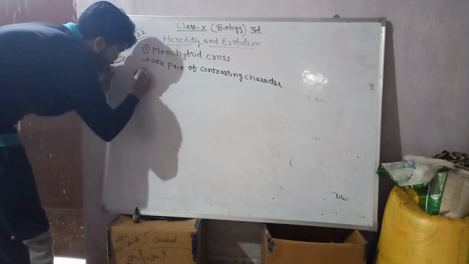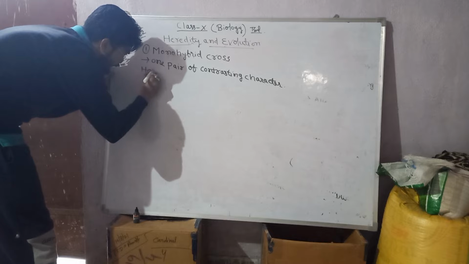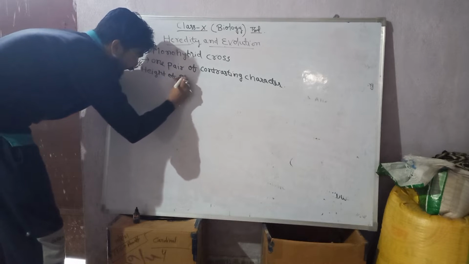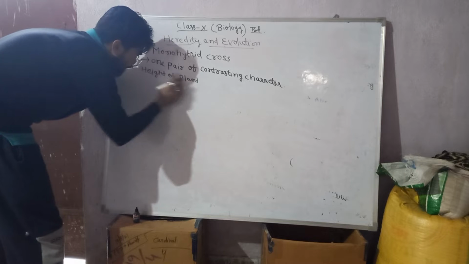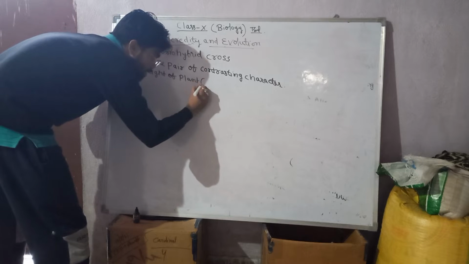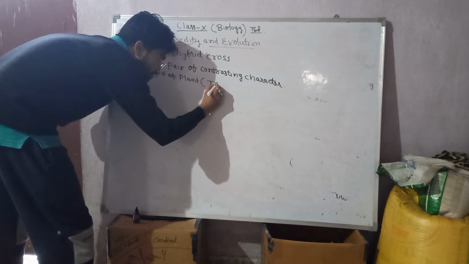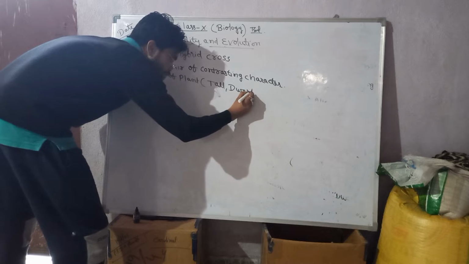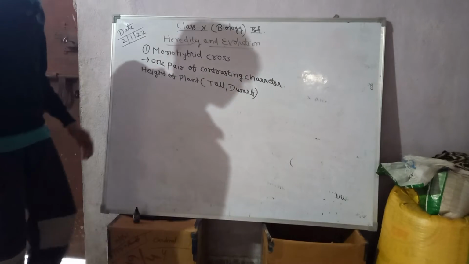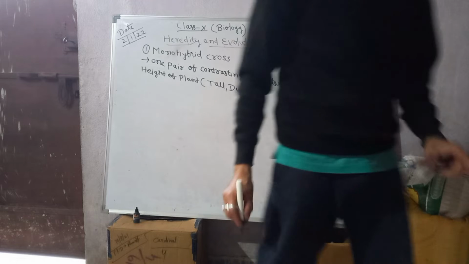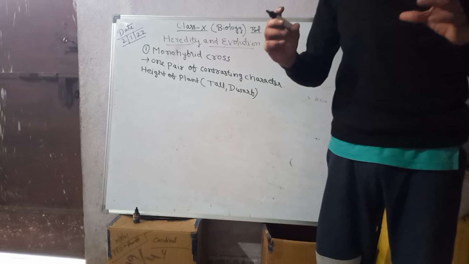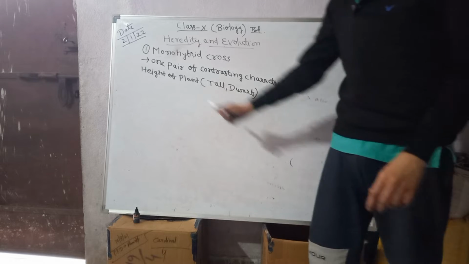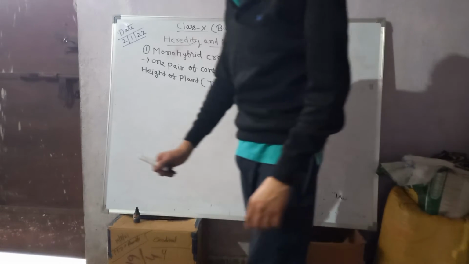Out of these you take the height of the pea plant, and this contrasting character has two types, one is tall and the second one is dwarf. This pea plant may be tall, this pea plant may be dwarf. So this is one pair of contrasting character. When the experiment is done by taking one pair of contrasting character, it is known as monohybrid cross.